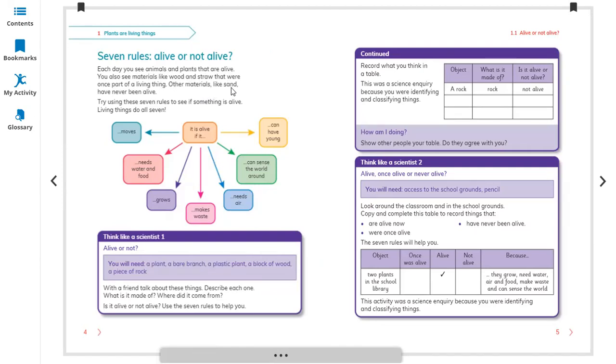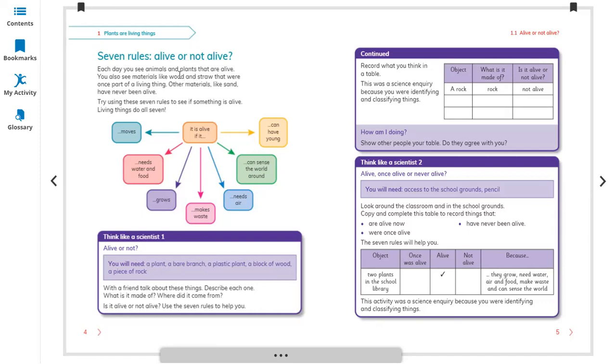Other materials like sand have never been alive. Sand and other materials like stone have never been alive. But something like wood or straw was once alive, but not now.